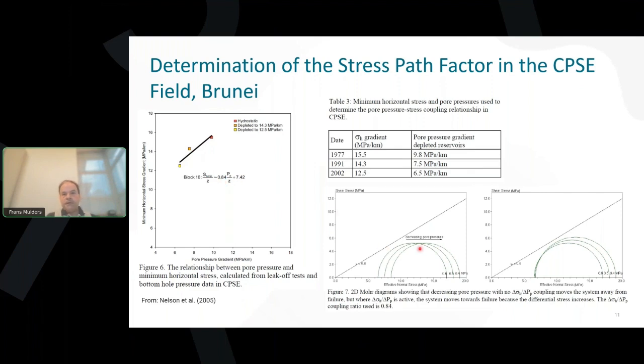So that means if you don't take into account the stress path factor, your Mohr circle would move from the left side horizontally, let's say, to the right side. As you reduce the pore pressure, effective stress increases. But if you take into account that 0.84 stress path factor, you see that your Mohr circles increase because my vertical stress changes, but my horizontal stress hardly changes because my stress path factor here is so high. So we move towards failure.